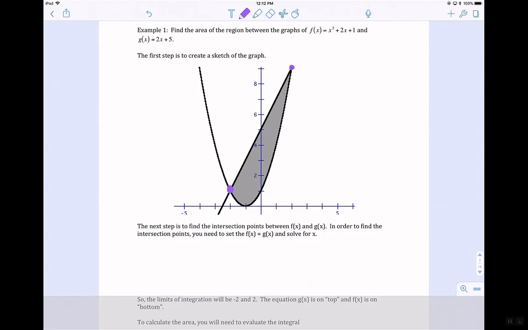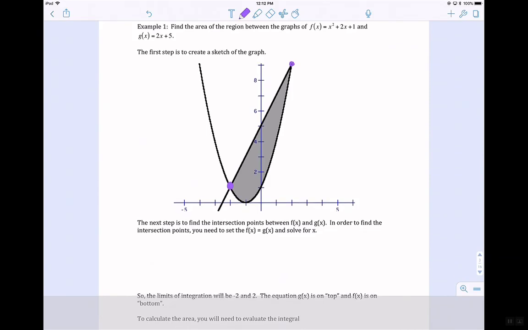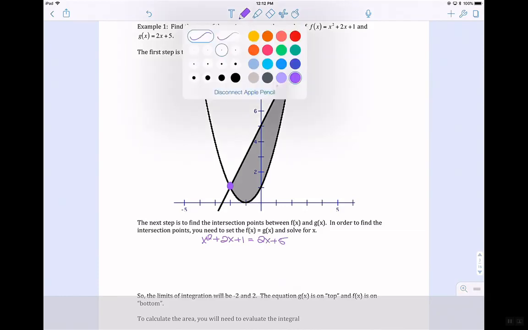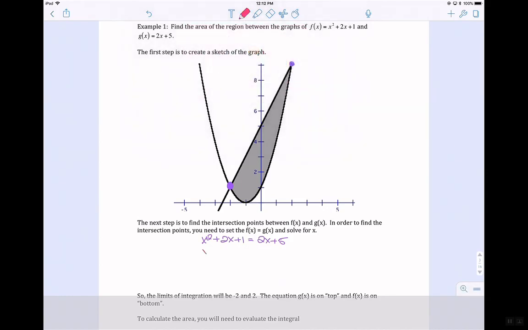If I did this by hand, which is what we would normally have done without a calculator, I would take these equations and set them equal to each other, and then make one side 0. So x squared minus 4 is equal to 0, so x is equal to plus or minus 2. That gives me the values of x.